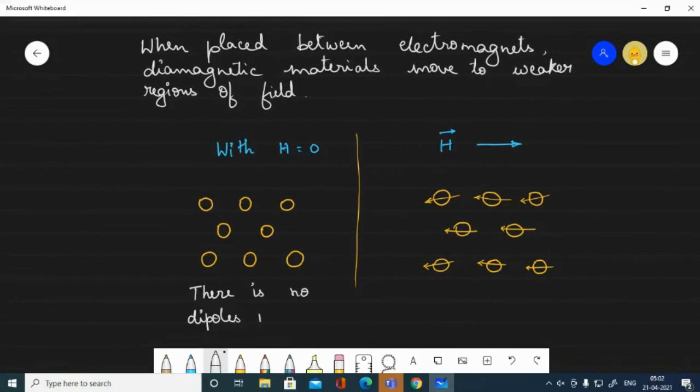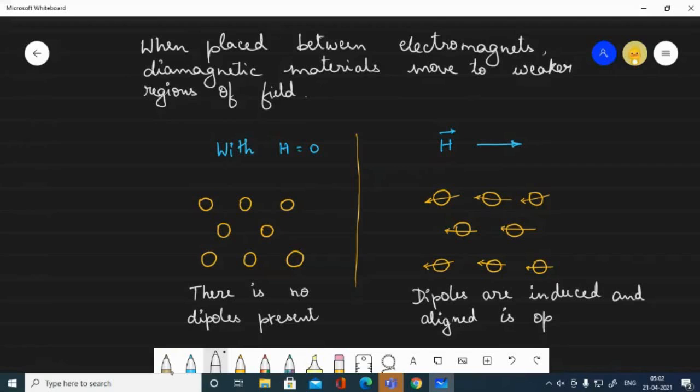So this can be visualized as the orbital and spin magnetic moments are such that their vector sum is equal to zero. So hence there are no dipoles present in the absence of external field. Whereas when an external field is applied, dipoles are induced such that their alignment is opposite to the applied field.